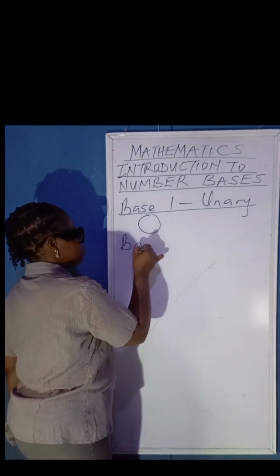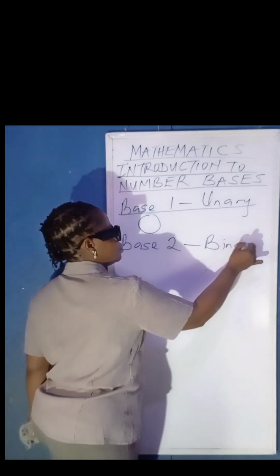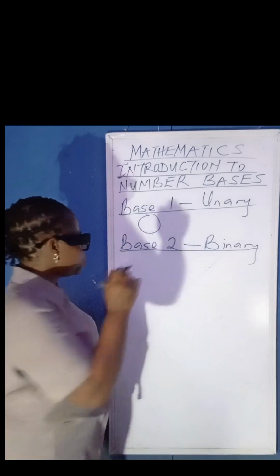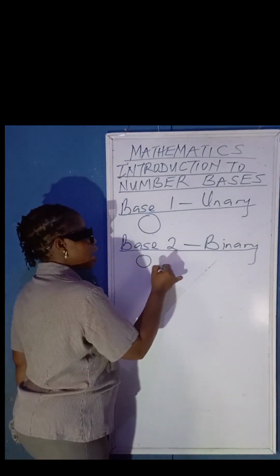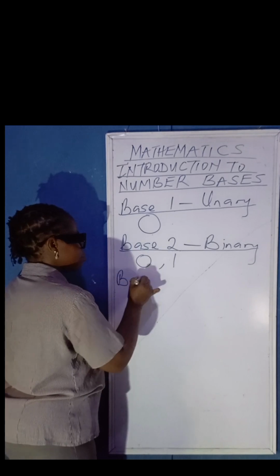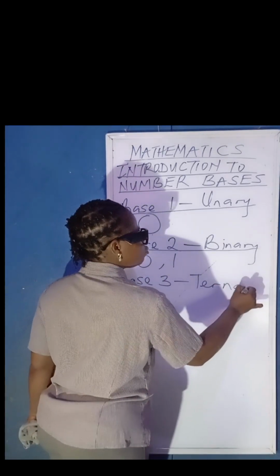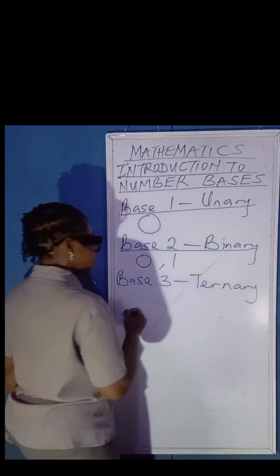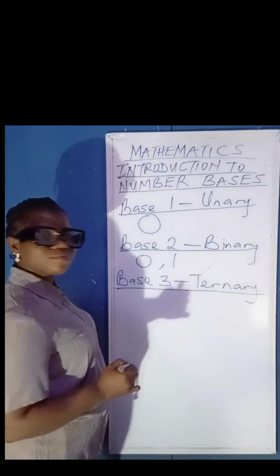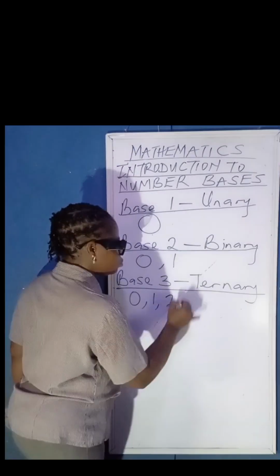Base 2 numbers are called binaries, and there are only 2 digits in base 2, which are 0 and 1. Base 3 is called ternary or trinary, and the only digits in base 3 are 0, 1, and 2.